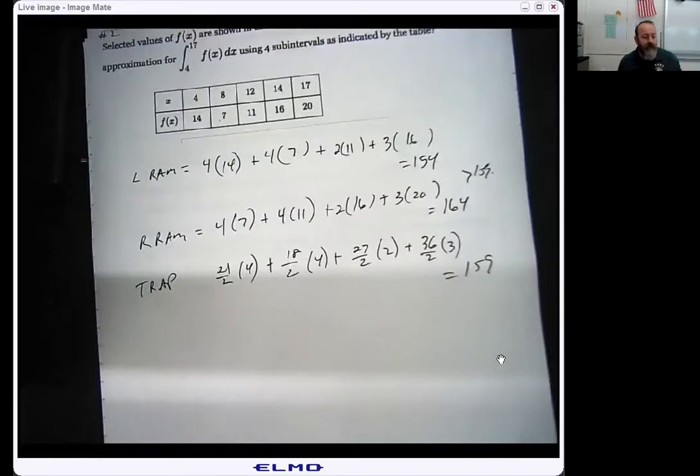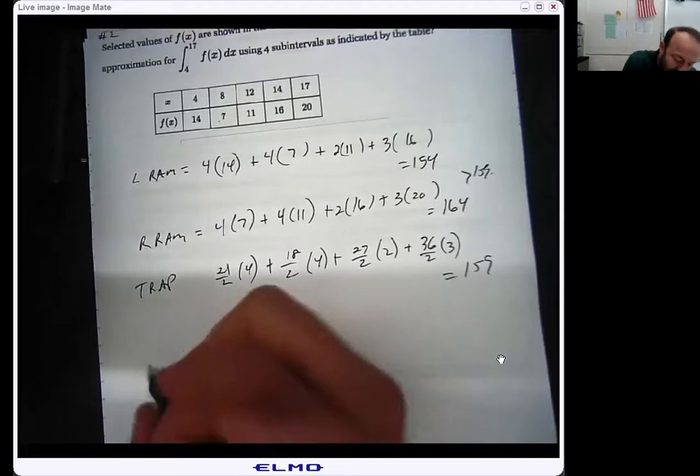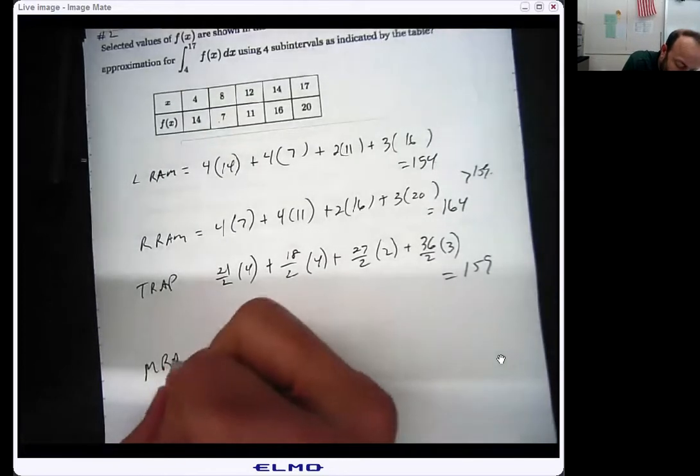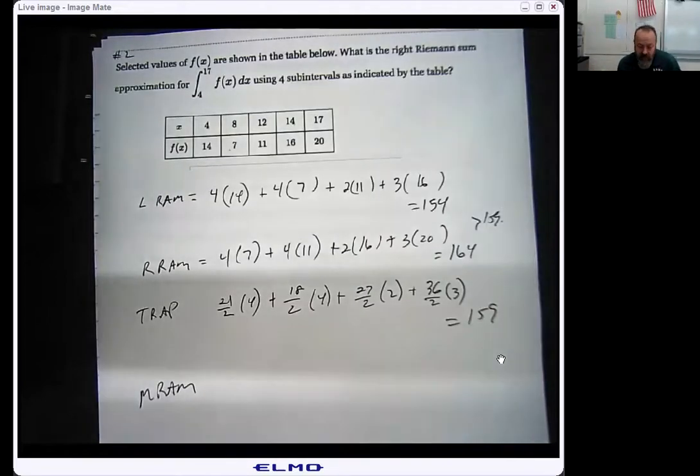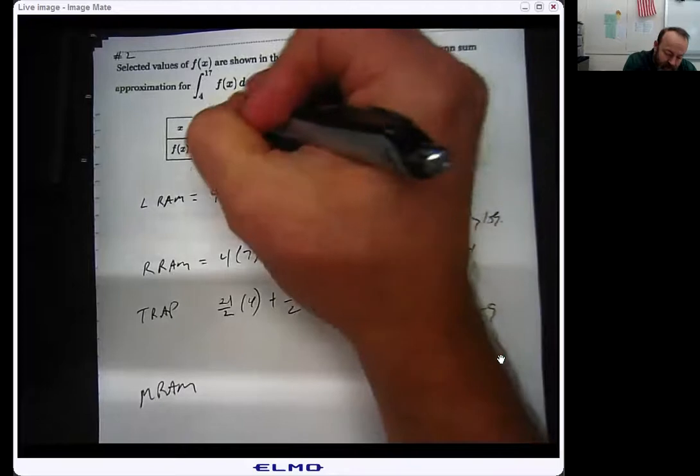Now, interestingly enough, sometimes we don't actually ask for it that way. Let's just say you don't need a tremendous amount of accuracy. You just want something. And so in this one, MRAM is kind of weird, and when you do it from data, this is kind of strange. This is going to be one of the worst estimators you've ever seen. I'm just going to look at these two right here.